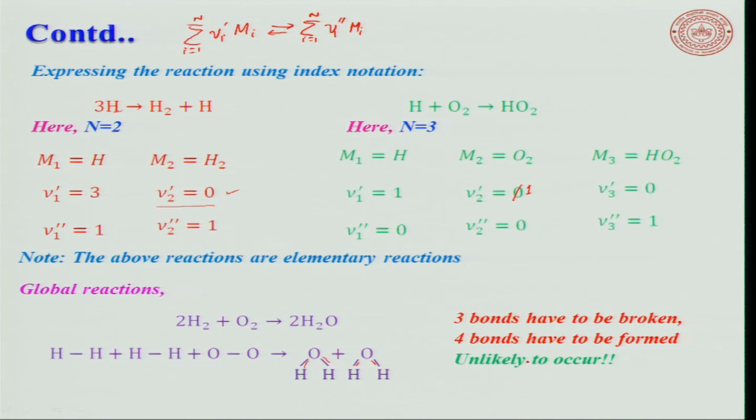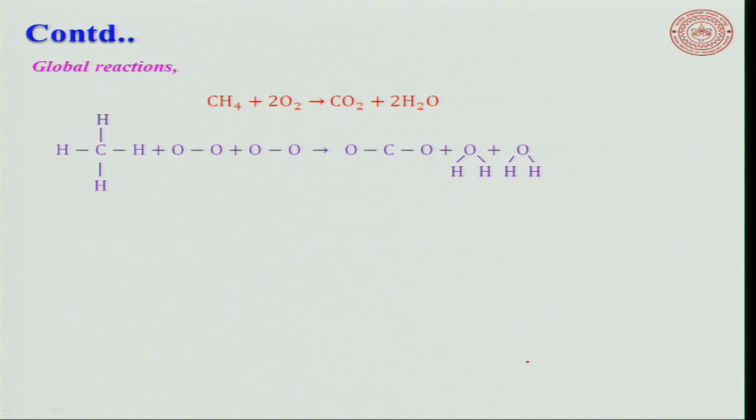I think it will be clear when I talk about collision theory. Similarly, we can see that 1 mole of methane reacts with 2 moles of oxygen going to carbon dioxide and water. If you look at this, there are 4 bonds in methane, and similarly for oxygen 2 bonds each, so 4 in total, and 4 bonds in the products.